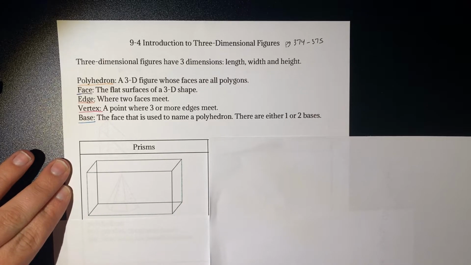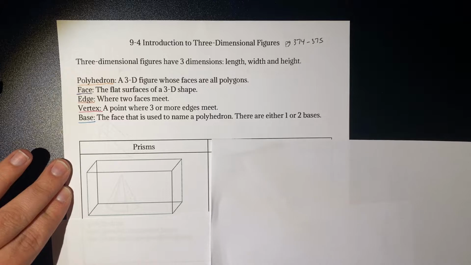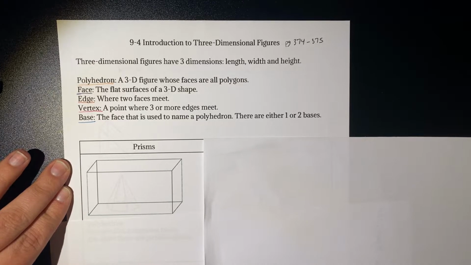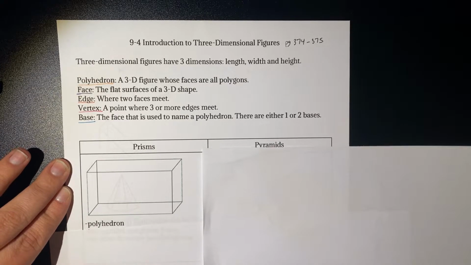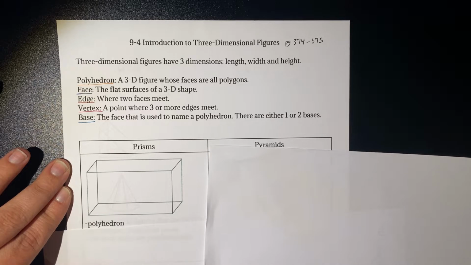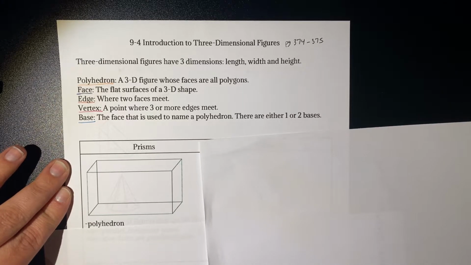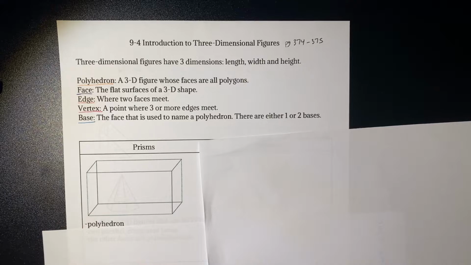Prisms are usually our boxes, right? Any form of a box is going to be a prism. They are a polyhedron.